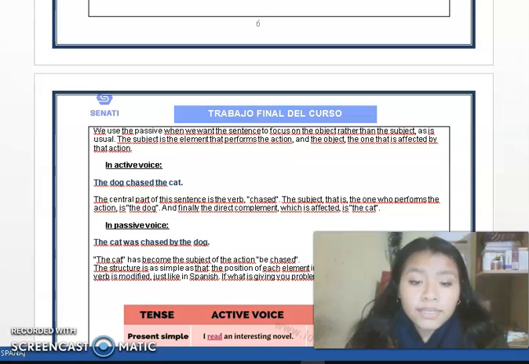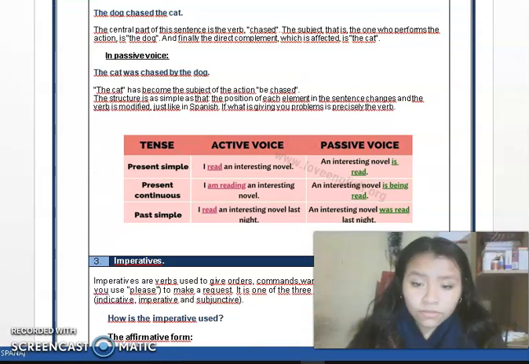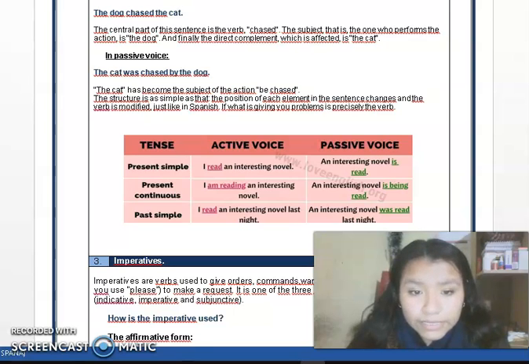For example, tenses in active voice and in passive voice. The tenses are present simple, present continuous, and past simple. In present simple, the example is: I read an interesting novel. In active voice. In passive voice: an interesting novel is read.